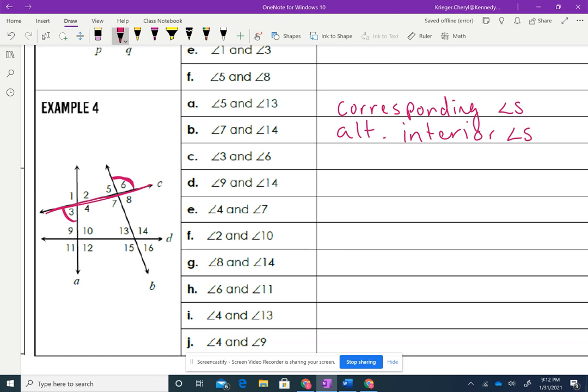So where's my transversal? Well, as a matter of fact, I've already highlighted. This transversal is C. Okay, so 3 and 6 are on the exterior of A and B. The transversal is C, and they cross over it. So this is alternate exterior. All right, 9 and 14.